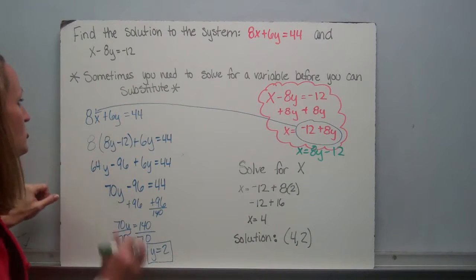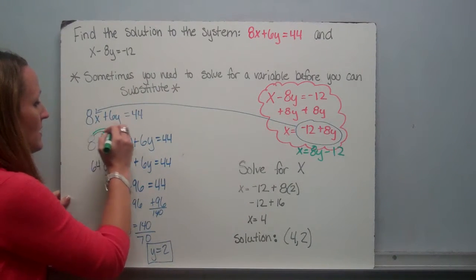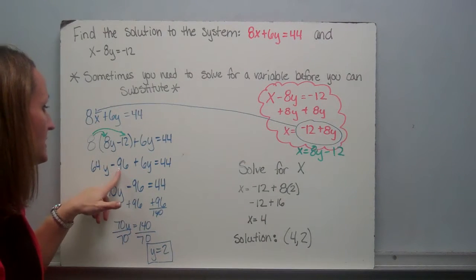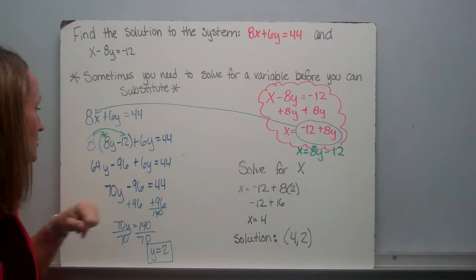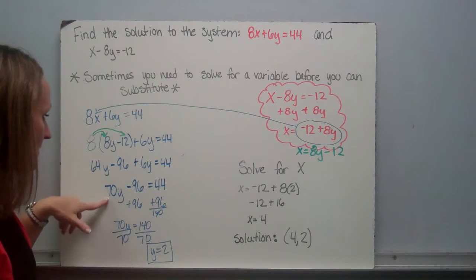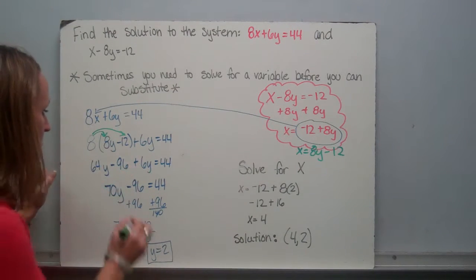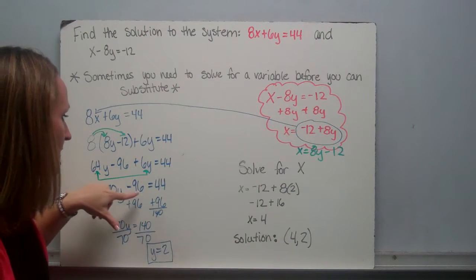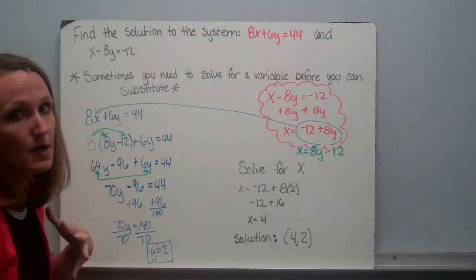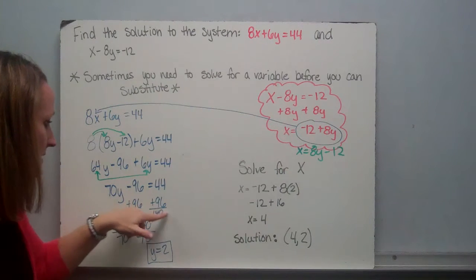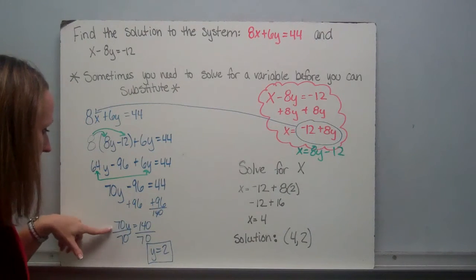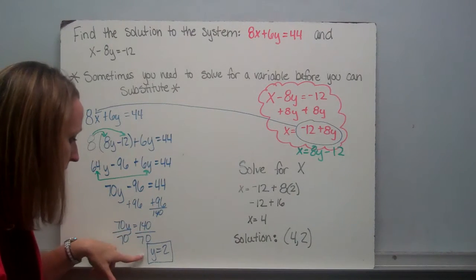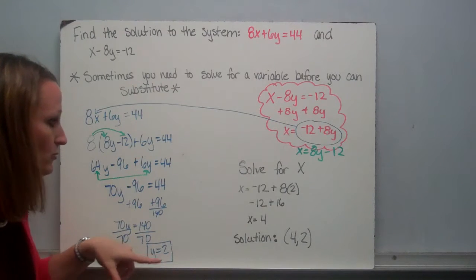So now I'm going to distribute my 8 to everything in the parentheses. 64y minus 96 plus 6y equals 44. 70y, I combined my like terms. This and this are like terms. 70y minus 96 equals 44. Solve your equation. Add 96 to both sides and get 140. 70y equals 140. Divide both sides by 70, sorry, you get y equals 2.